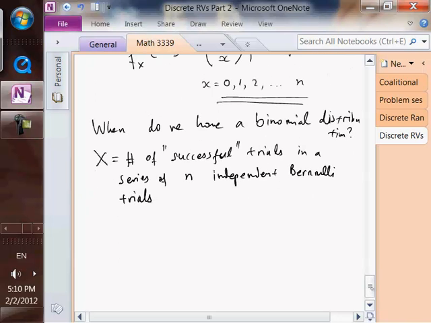Okay, let me give you some examples to make that easier. In Bernoulli trials, I forgot something, all with the same probability of success. Because if the probability of success changes, we don't have the binomial distribution. Now, look here.